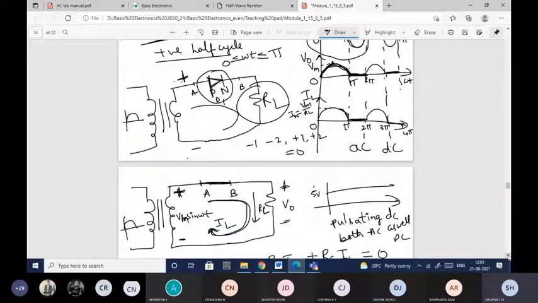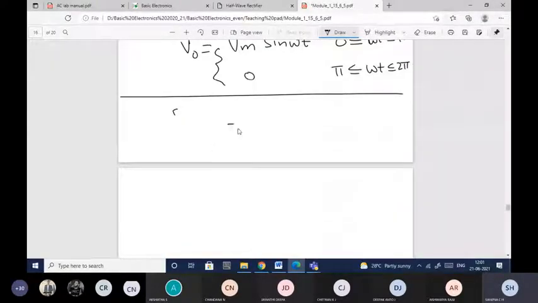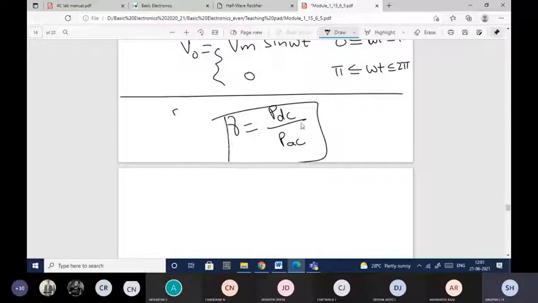The first thing is I need to find the efficiency. Efficiency is given by gamma equal to PDC, the output power, divided by PAC, the input power. Power is given by VI or I square R. So PDC is I DC square times RL, the load across which we are finding it.